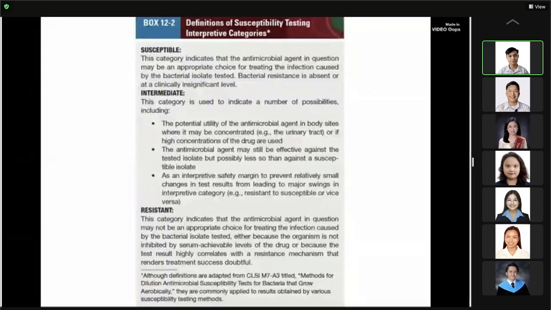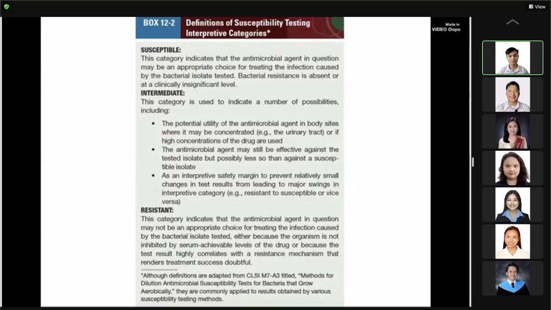So this is the interpretation of each result: susceptible, intermediate, resistant. If the zone of inhibition upon measuring is equivalent to a susceptible result, that means that the antimicrobial agent in question may be an appropriate choice for treating the infection caused by the bacterial isolate.